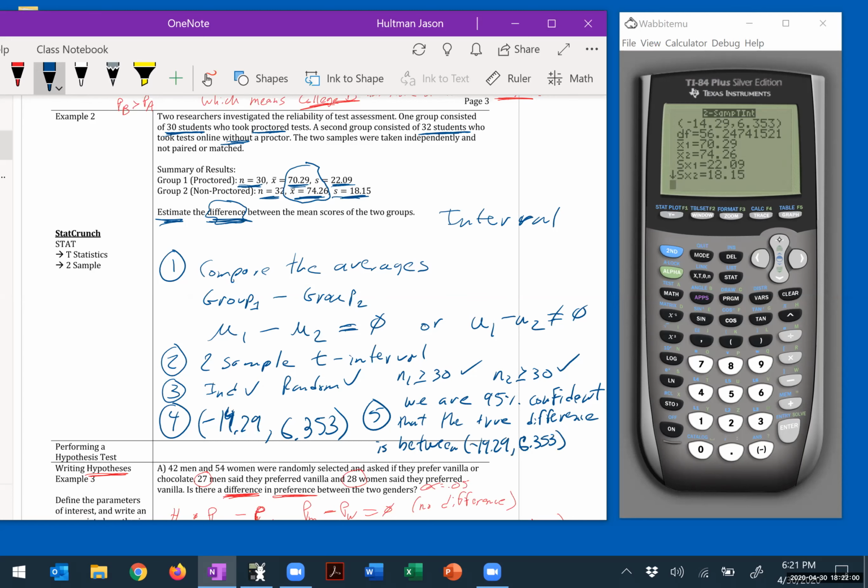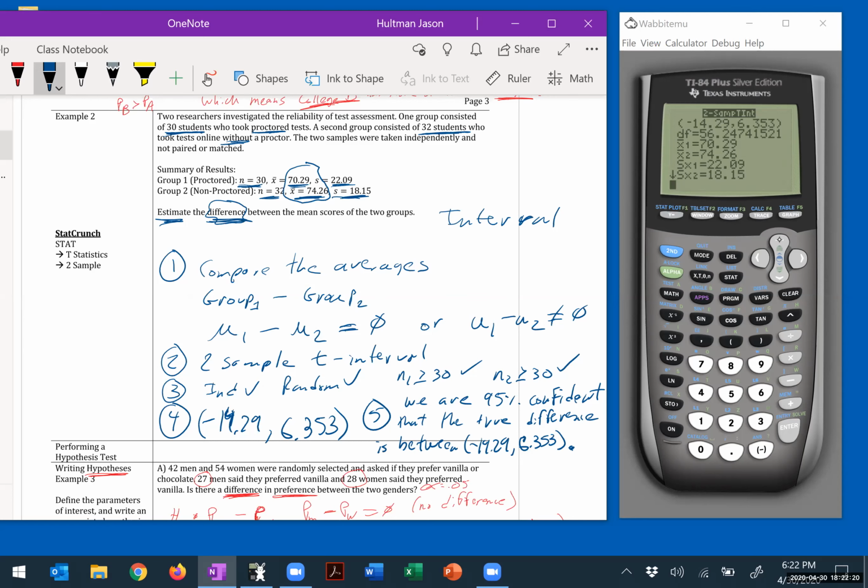Now, what does that mean? I really wanted to know, are the groups different or are they not different? Well, does my confidence interval contain 0?